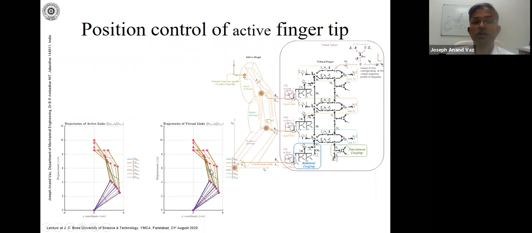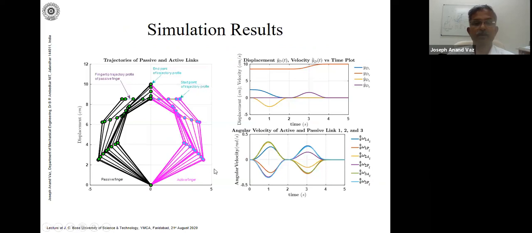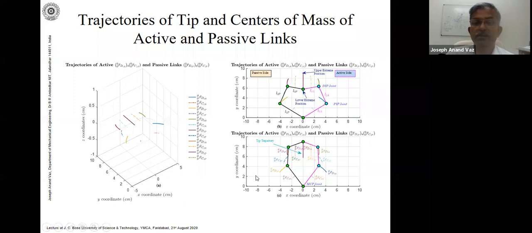Here we have position control of an active finger tip. Here we have the active passive 3-joint finger mechanism, and here also we have shown intermediate positions. This is how the position control is done, the trajectories for the active and the passive joints.